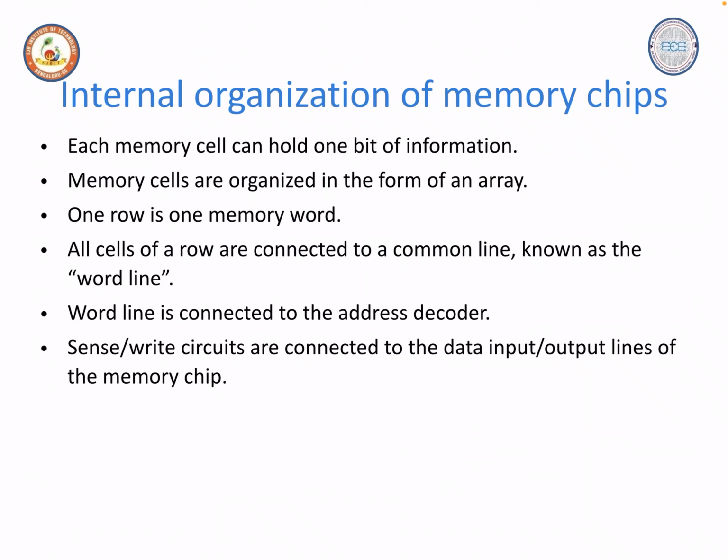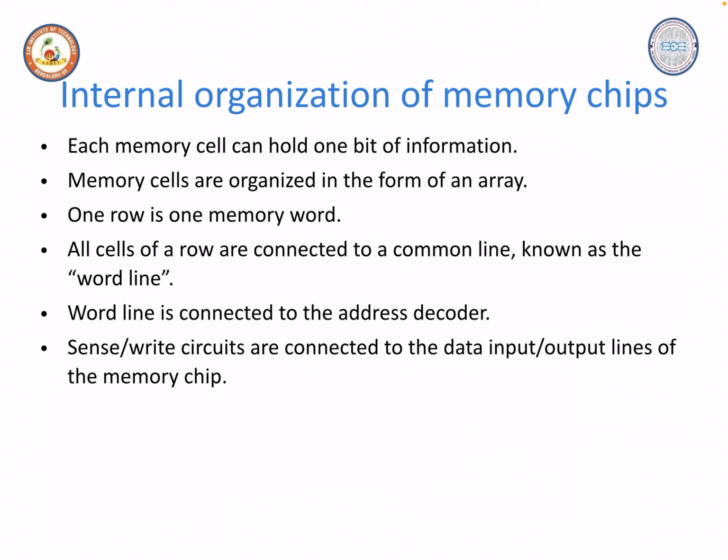Each and every bit will be stored in a memory cell, so each memory cell can hold a single bit of information. These memory cells are organized in the form of an array. One row is meant for storing one memory word. A word is 32-bit if it is an ARM processor.